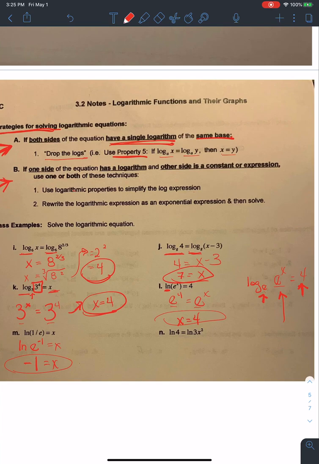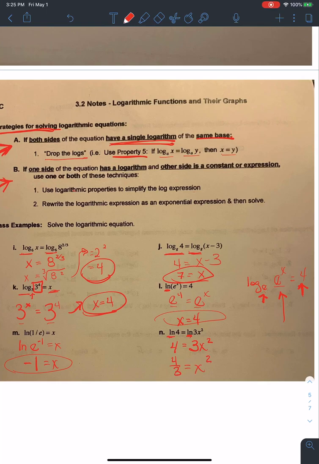Okay, last problem. For letter N, I'm going to do a little bit of rewriting. Since I have a log on both sides, those are going to drop out. Drop the log. That leaves me 4 equals 3x squared. In solving this, I'm going to move my 3 to the other side and get 4/3.